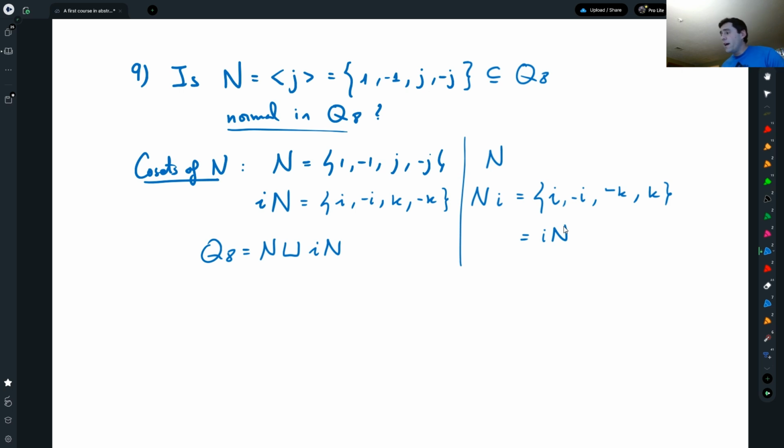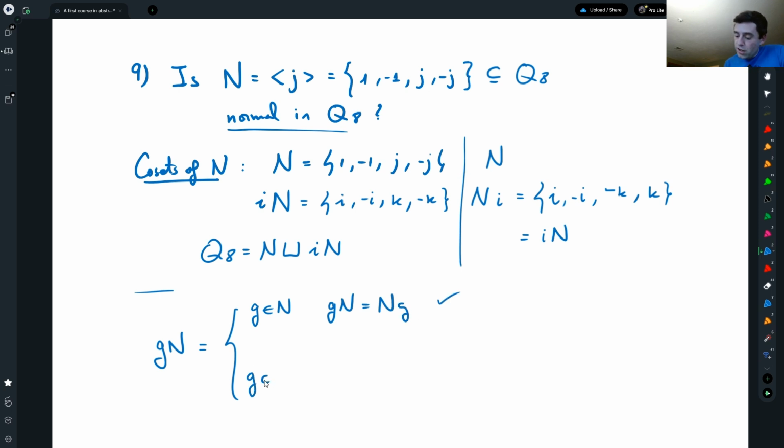This tells me that N itself is normal, because what happens if I do gN for any g in G? Well, if g is in N, then of course gN is the same as Ng, and I get what I want. And if g is not in N, then you can see what happens. For example, I just checked with i, and that gives me the same thing as Ni.